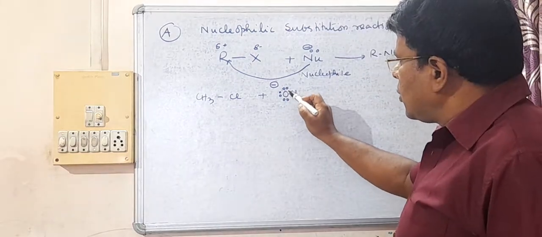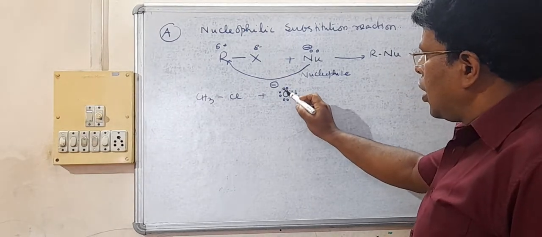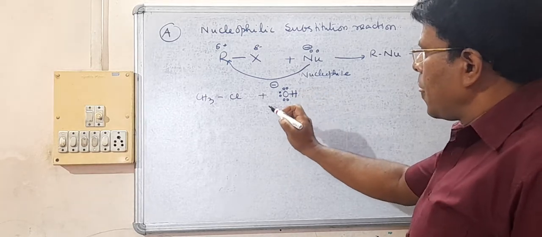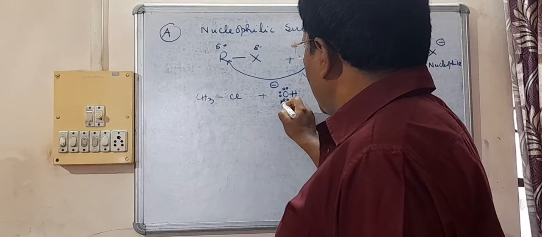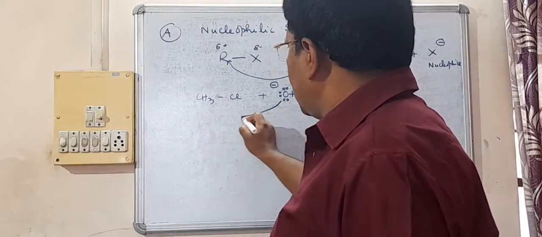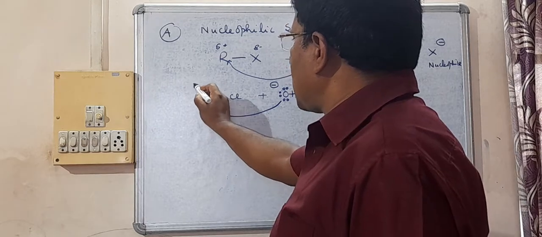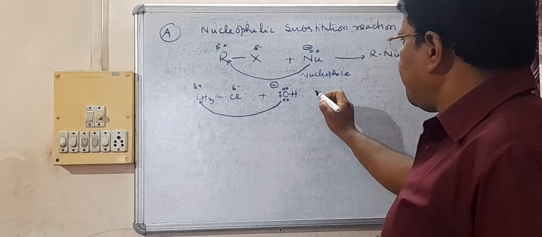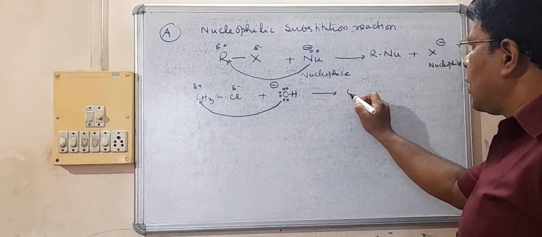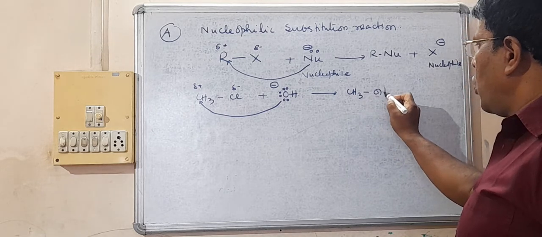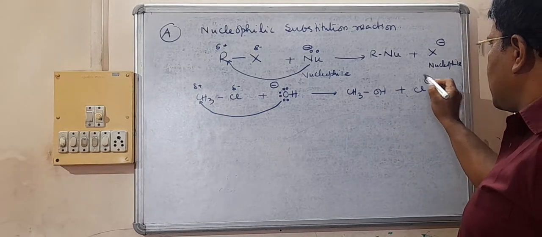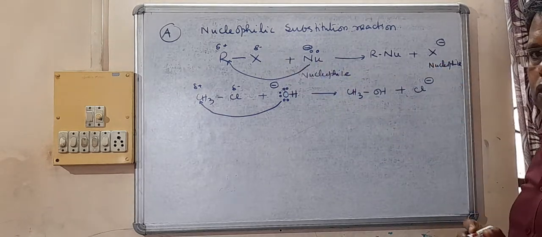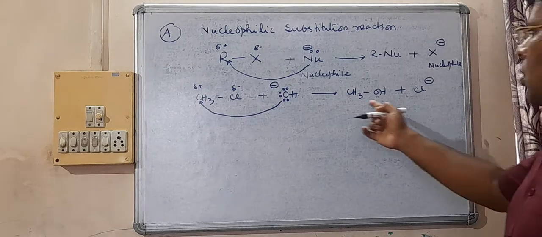And O is minus, so this is a nucleophile, rich in electron, and this nucleophile looks for the electrophilic center. This is the electrophilic center because this carbon is delta plus and this halogen is delta minus, and we will get the product CH3OH plus Cl minus. The one which goes out is called the leaving group.